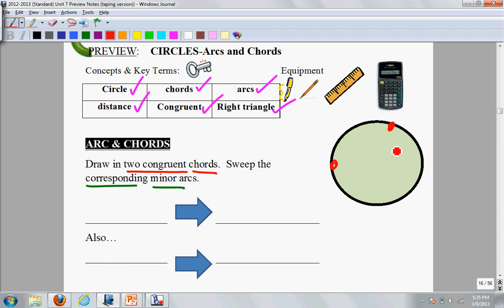So 2 congruent chords. Make them hatch marks. Those are of congruent length. Now sweep the arcs.